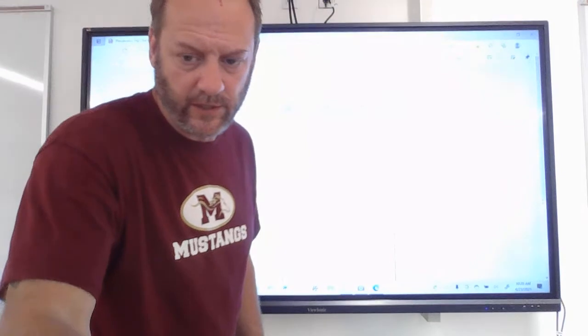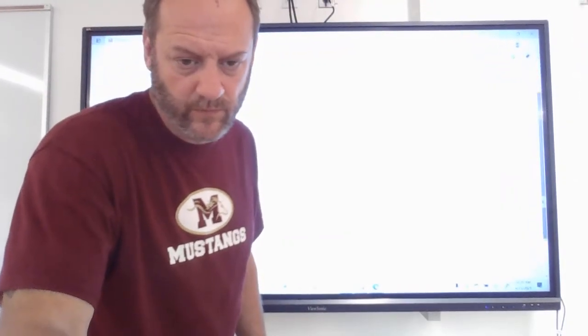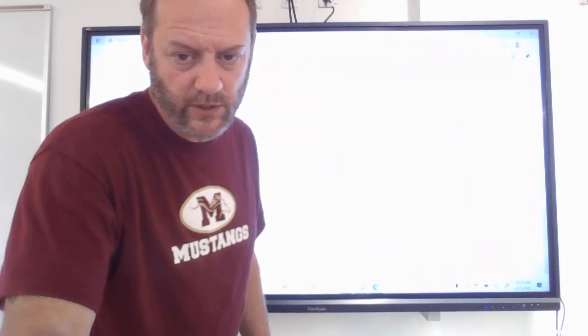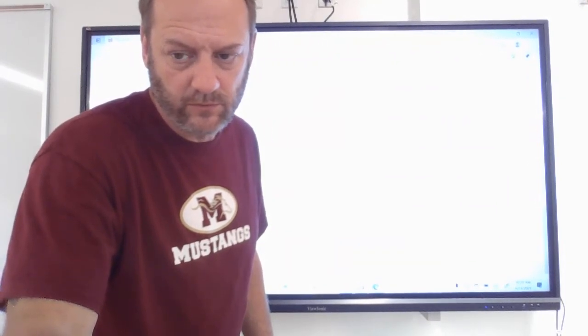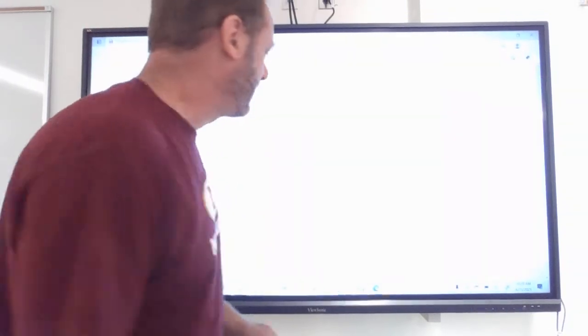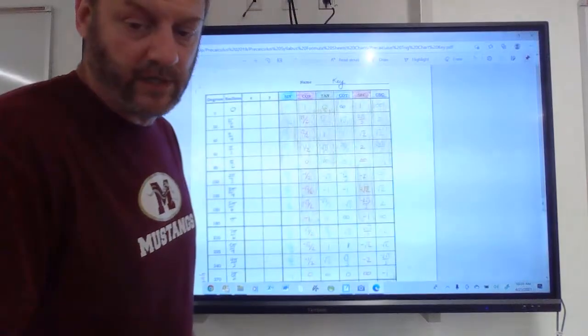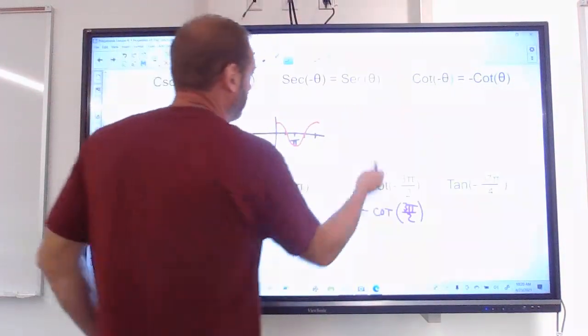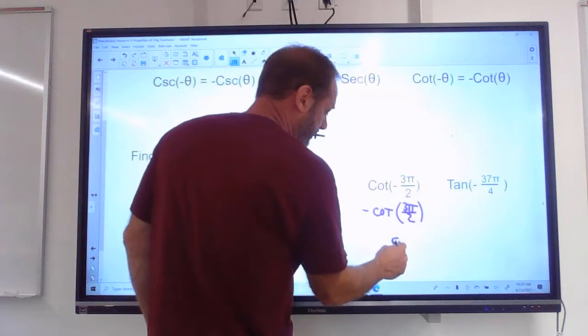So I go down here to 3 pi over 2, and the cotangent is 0. So that one I didn't really have to worry about much anyway, because negative 0 is just 0, so this is 0.